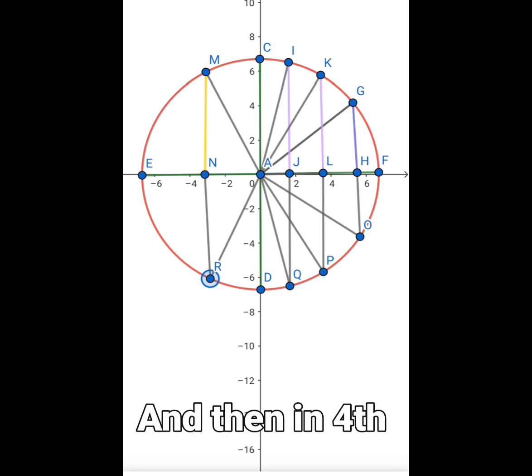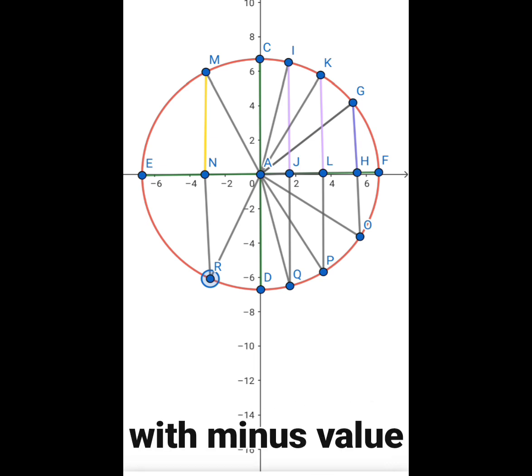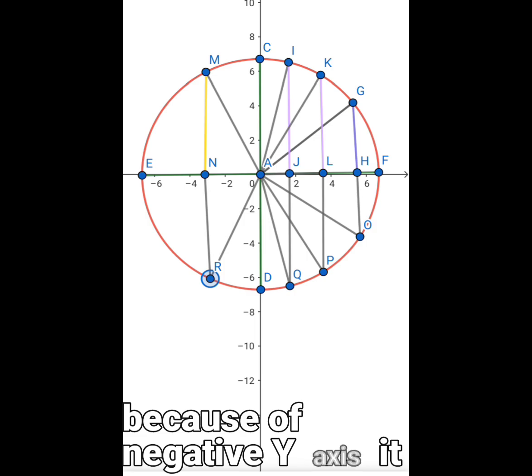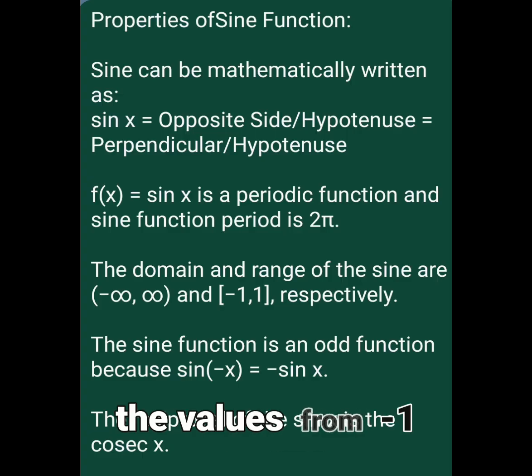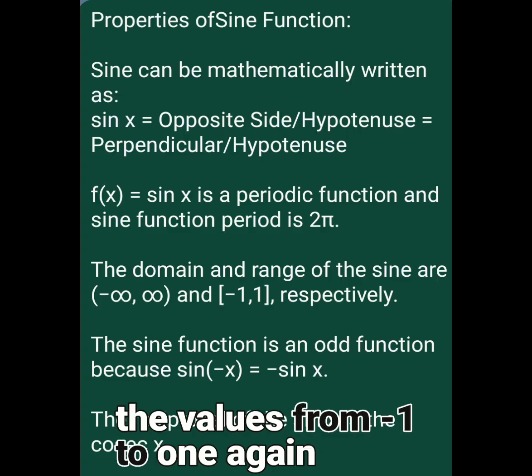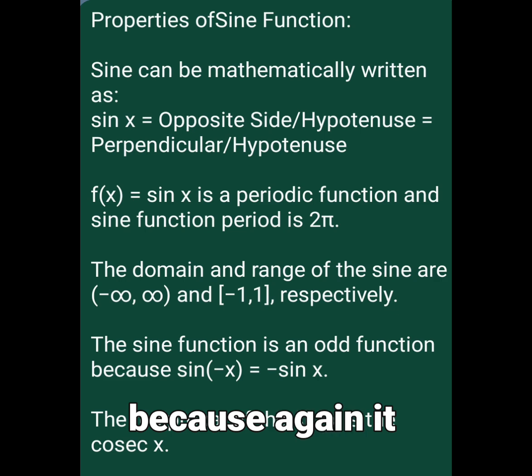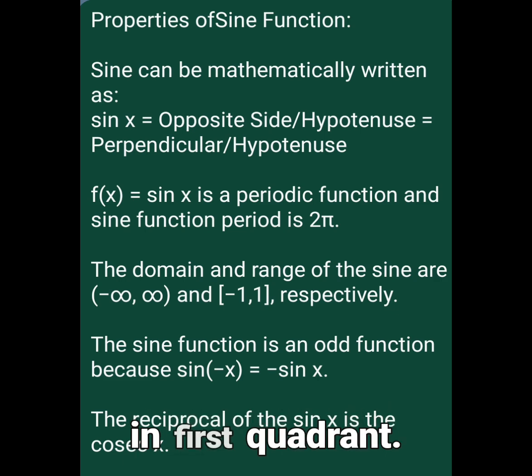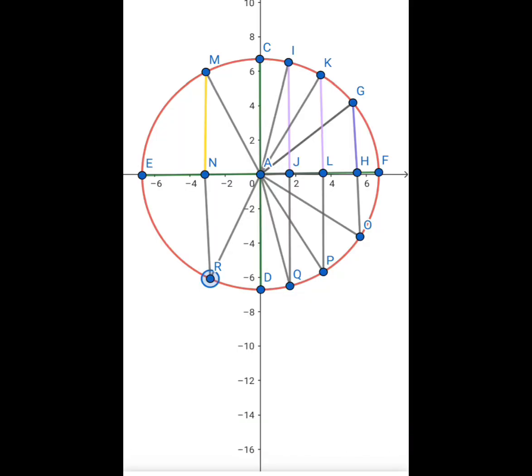And then in the fourth quadrant, again with minus value because of negative y-axis, it will take the values from -1 to 0, because again it is going to enter the first quadrant.